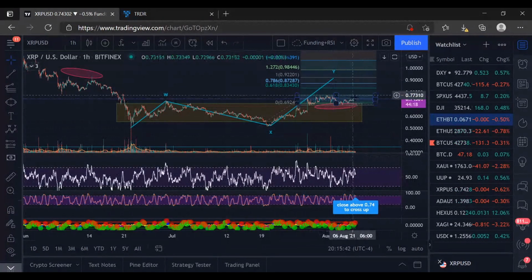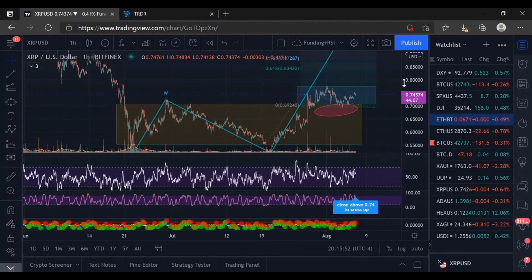Get back inside the box, take the long up to 91 cents. So you'd have a trade from 68 cents to 90 cents on XRP. No, 71. After it breaks the low, comes back inside, 71. Maybe we'll have that in like a weekend altcoin pump.